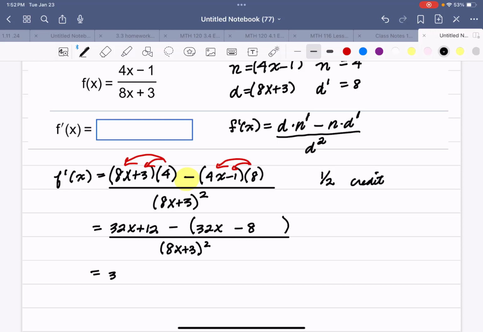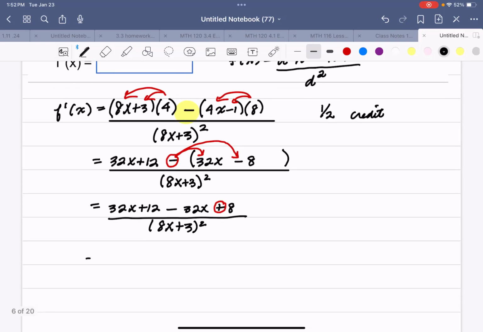So it's 32x plus 12 minus 32x plus 8. Got to be careful. This minus distributes here and here. So the negative and the negative make this positive that you see here. All of that and all of that is over original denominator squared.